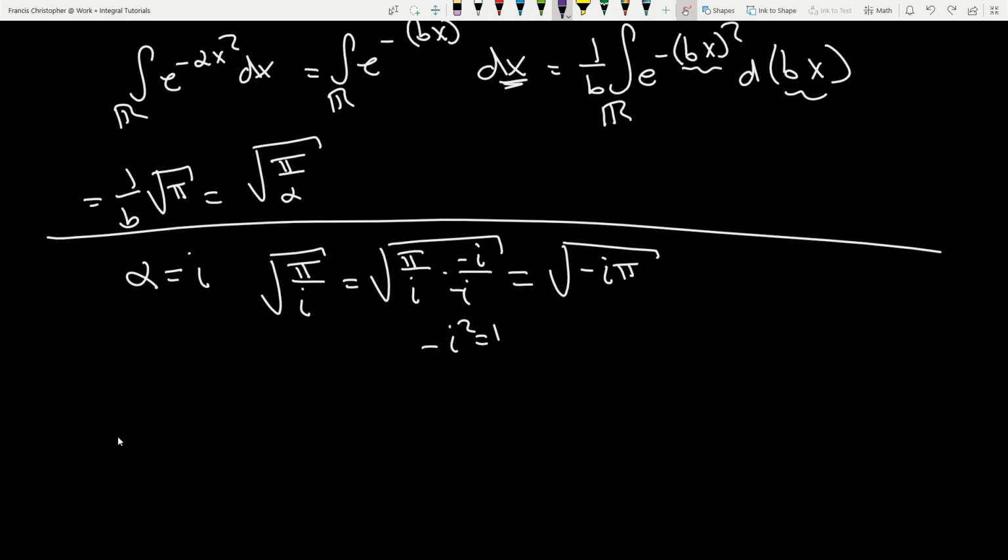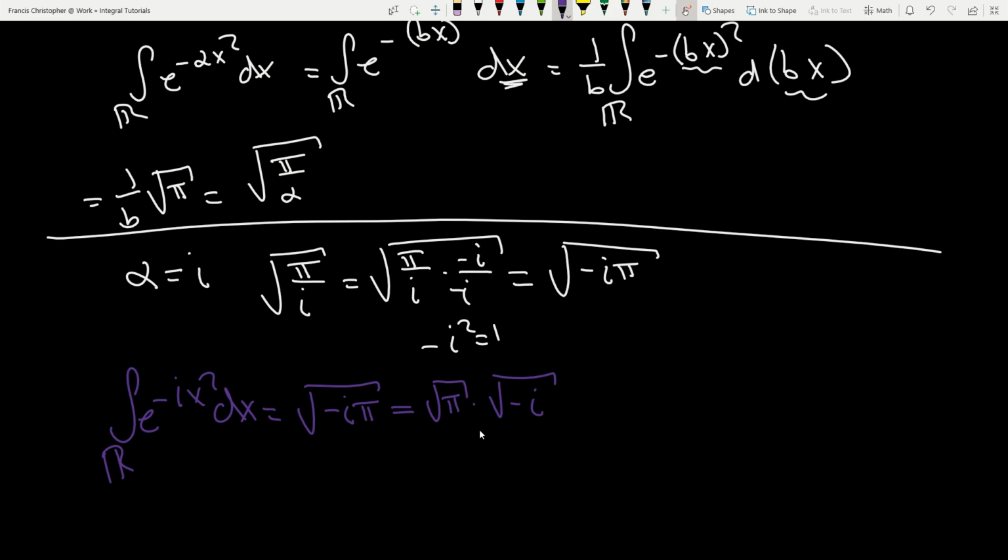And this is important, we're remembering this is the complex Gaussian integral that's actually equal to this, not our Fresnel integrals yet. So this is the square root of negative I pi. And I'm going to split this up into square root of pi times the square root of negative I. And then in terms of finding out what this actually is, I'll recall that negative I equals e to the negative I pi halves, right?